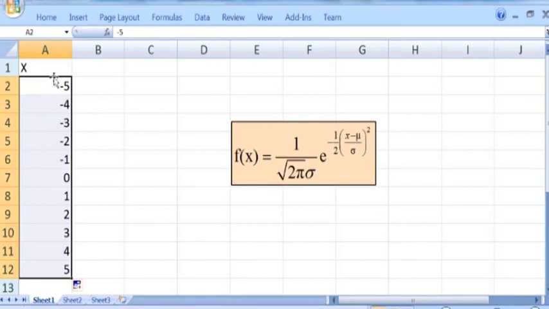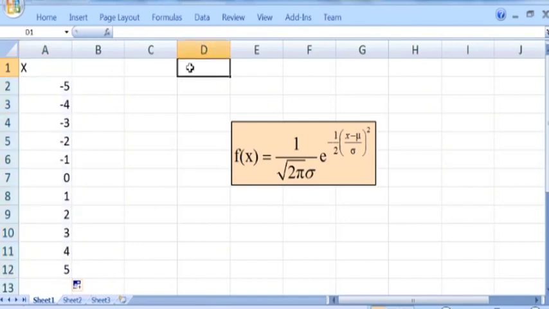So I have generated x values from -5 to +5, and here type mean mu. I'm taking mu 0 and standard deviation I'm taking 1.